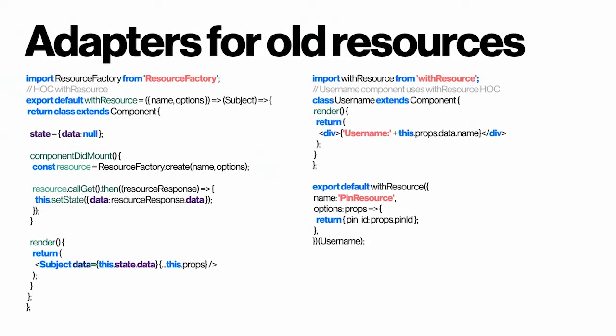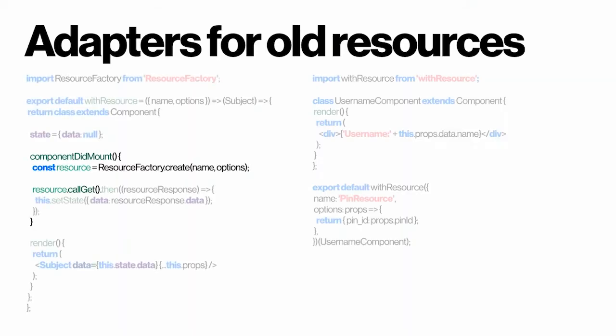On this slide, you can see a withResource HOC on the left side and an example of usage on the right side. It's a pretty simplified version, but now let's take a look at how it works step by step. Once a component is added to the DOM tree, it will create a resource layer, basically the old data API framework, using the resource factory create.